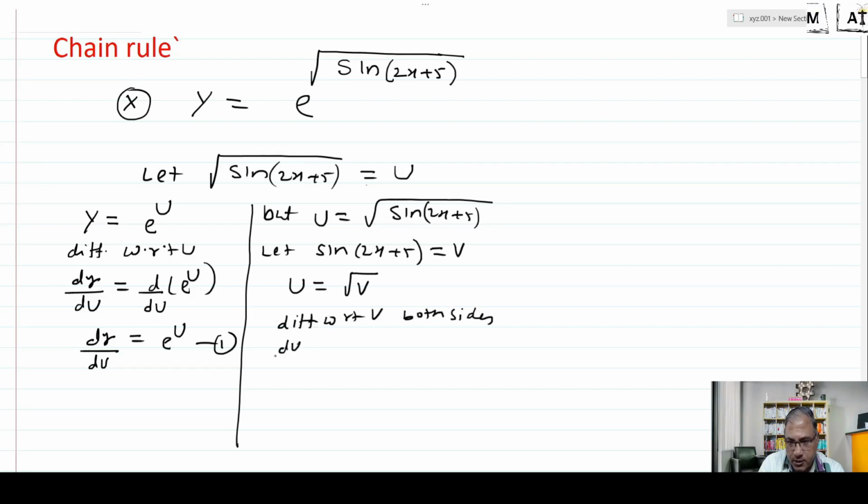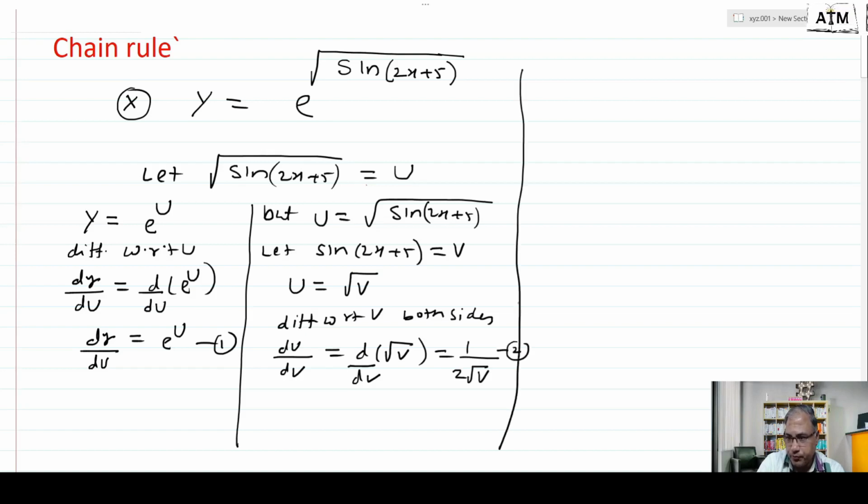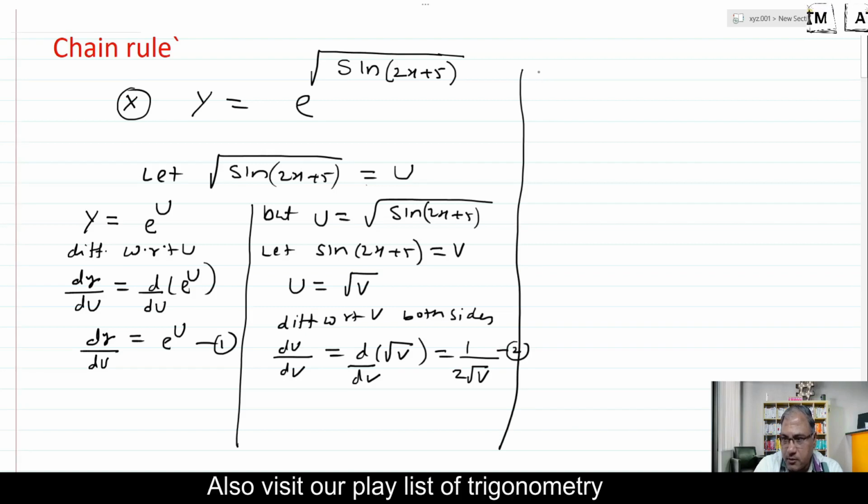Then we get du by dv equals differentiation of root v with respect to v, equals 1 upon 2 root v. Let us call it equation number 2. Now, v equals sine of (2x plus 5).